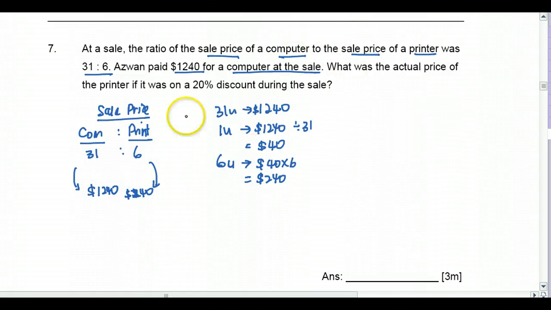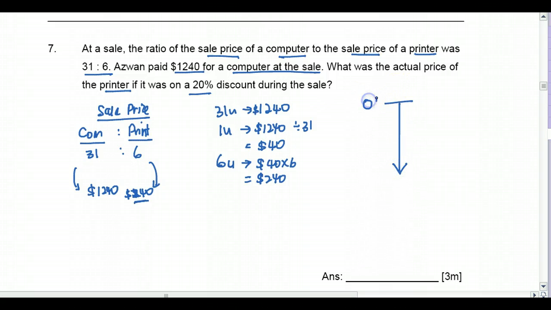What was the actual price of the printer if it was on 20% discount? So I know that this is a 20% discount, right? A discount is when the price goes down.